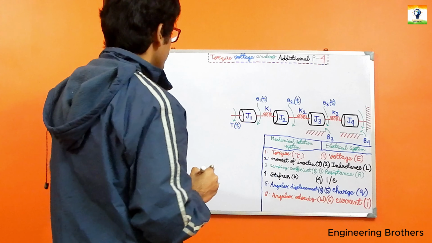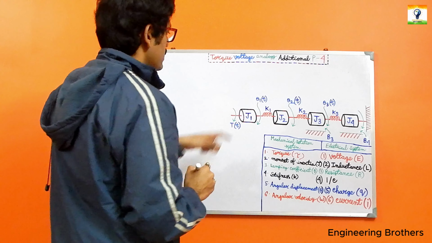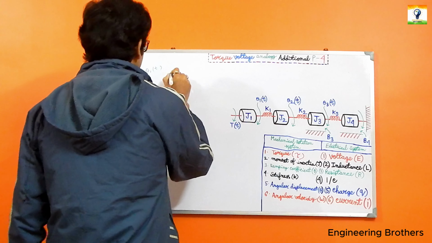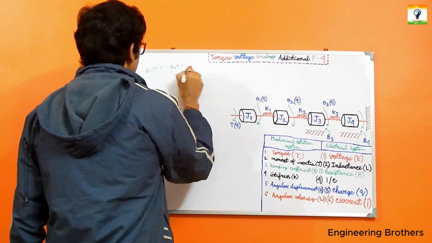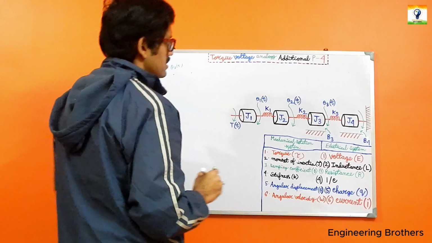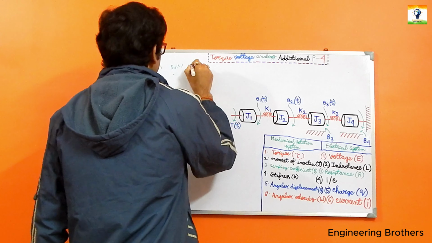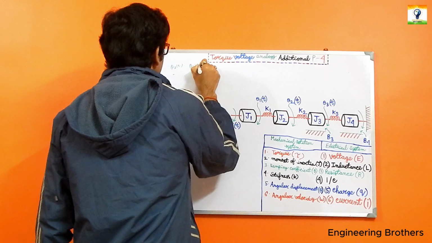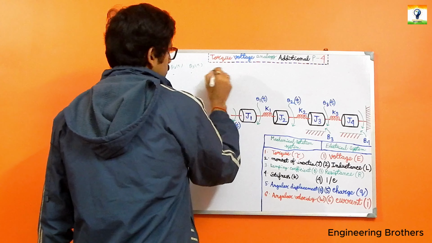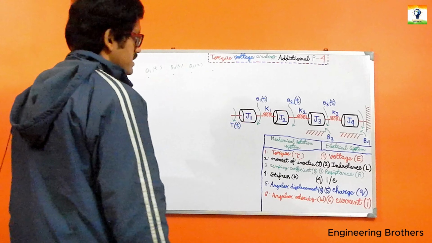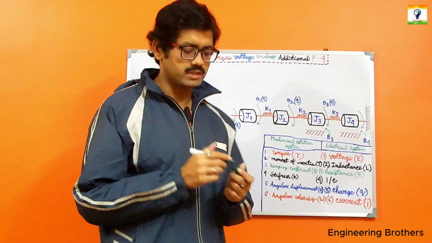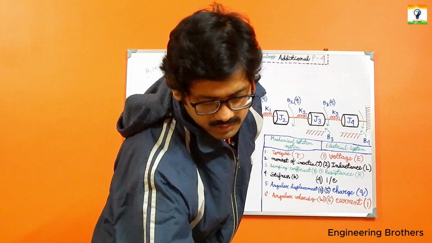The first one is theta 1(t), and the second one is theta 2(t). The third one is naturally theta 3(t), and the fourth one is theta 4(t). This is not mentioned in our diagram, so this one should be theta 4(t).